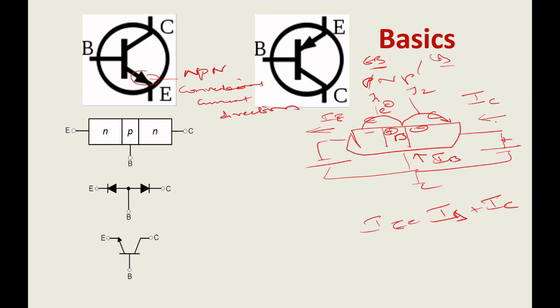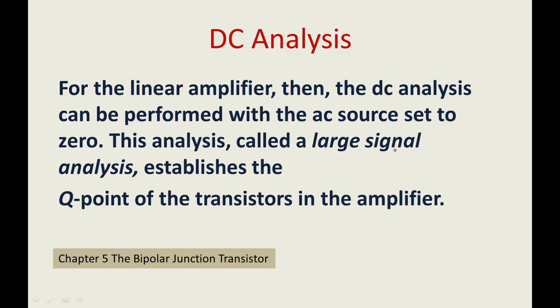So this is about the conventional arrow, very important. See, the collector current is always following the emitter current. Keep that in mind, very important when you draw the model. And also see the electrons, it's moving away from your base.